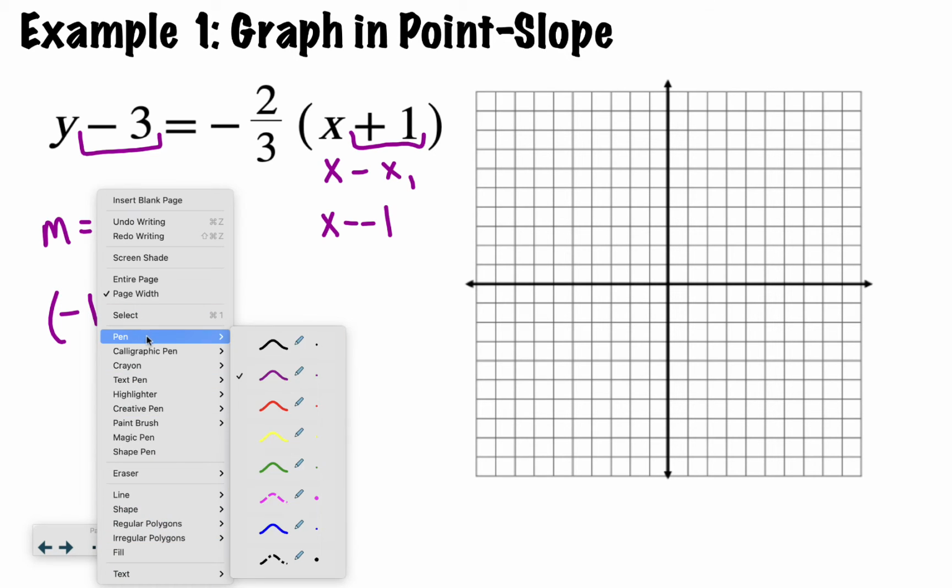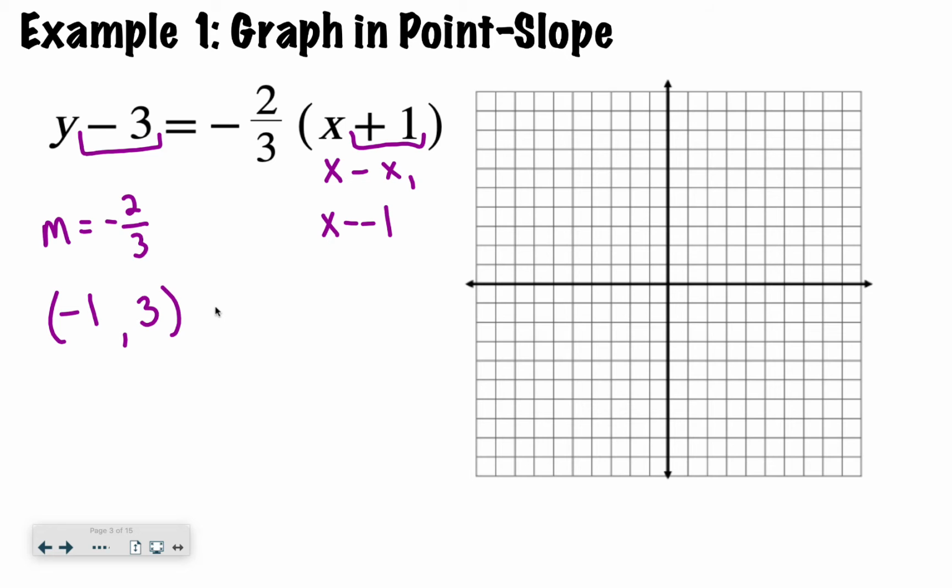And then I start by plotting my point. So I go left 1 and up 3. And then I use my slope. From my point, I'm going to go down 2, right 3. Down 2, right 3.